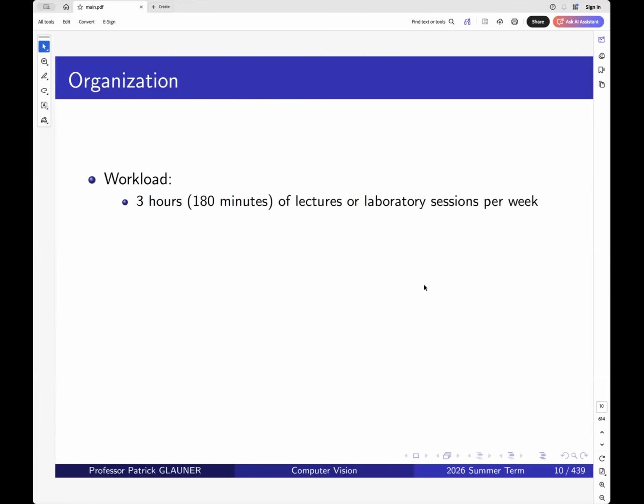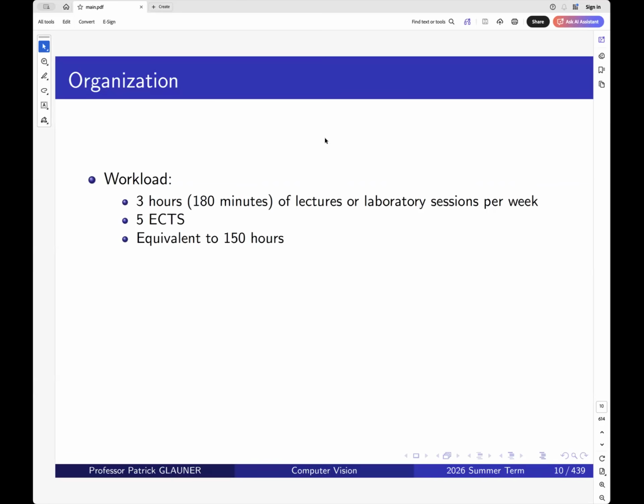But the workload of this course is more than just 3 hours of lectures or lab sessions per week, because this course carries 5 credit points, so 5 ECTS. And as you may know, 1 credit point means the expected workload is 30 hours during the term.